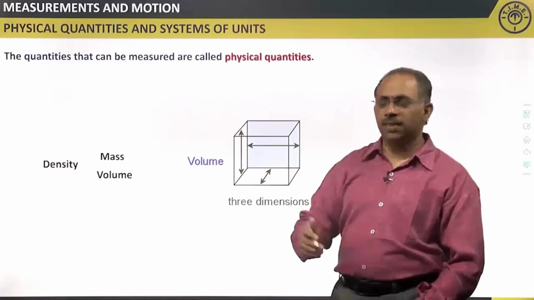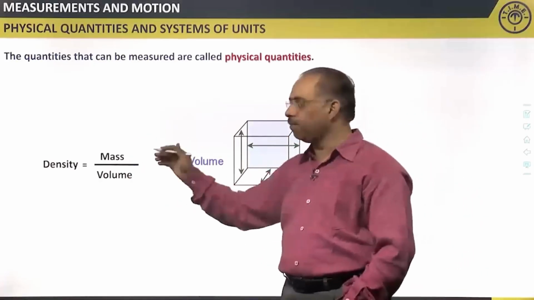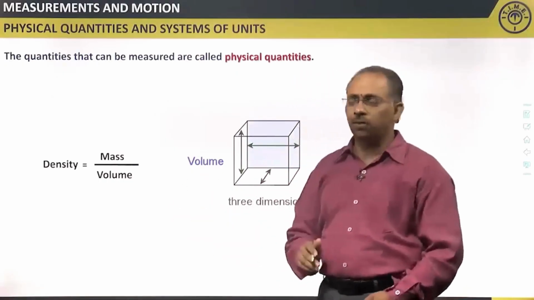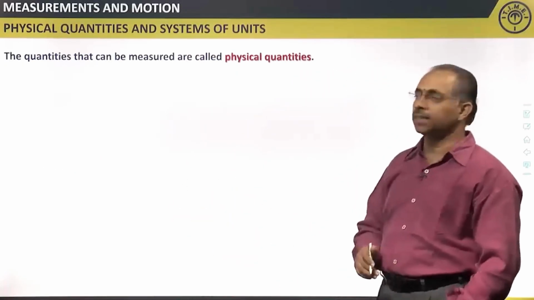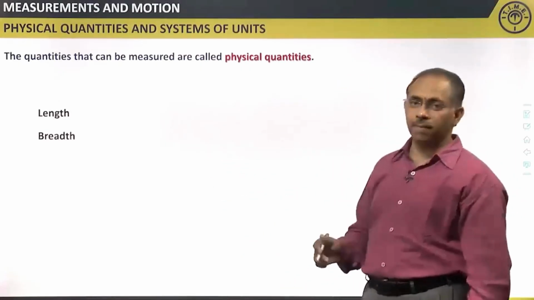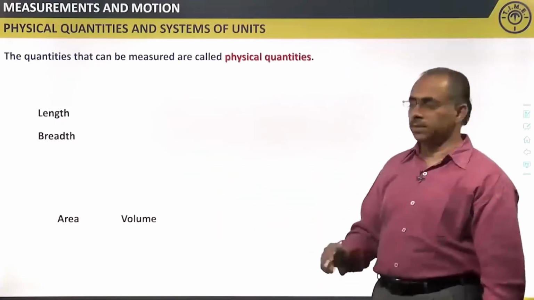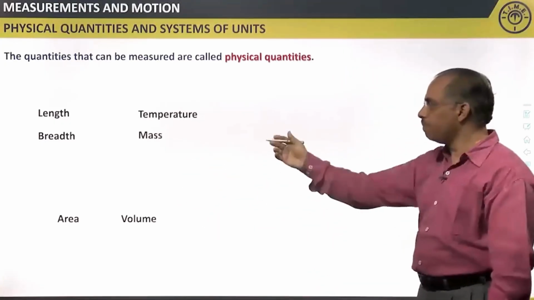Yes, you are right. Density is mass per unit volume. Mass divided by volume. So far we have seen physical quantities like length, breadth, area, volume, density, temperature, mass.